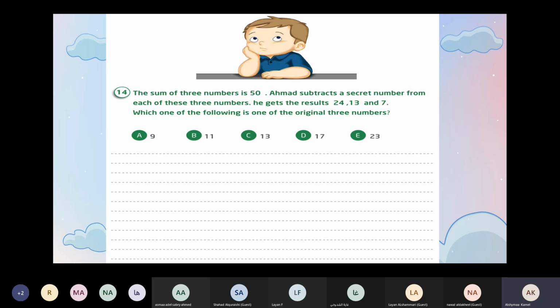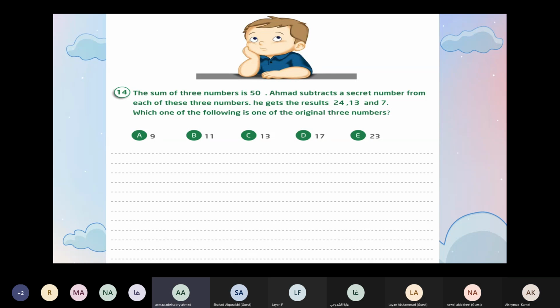Number 14. Before we end, who reads number 14? Teacher, my name is Jana. Okay, Jana, read it. The sum of 3 numbers is 50.